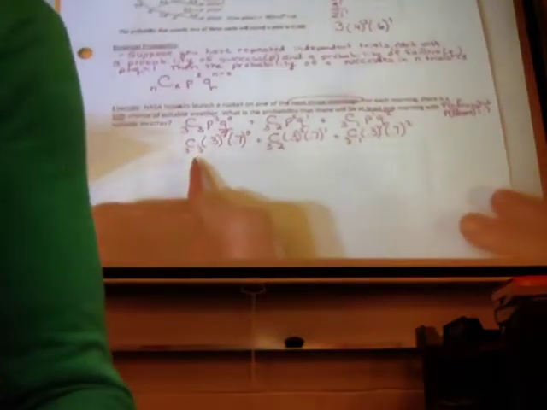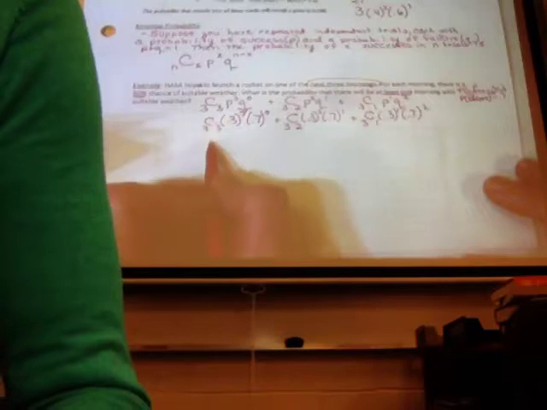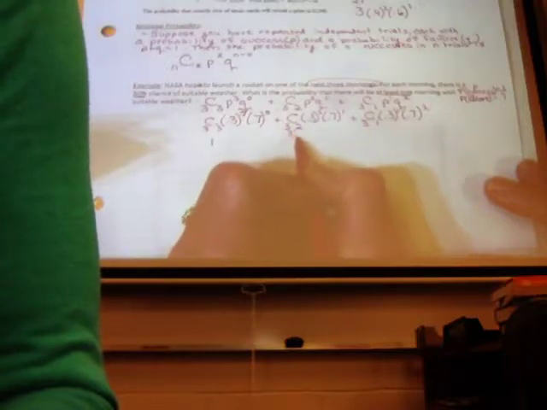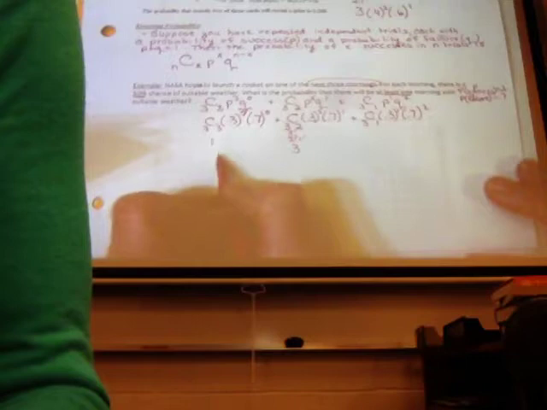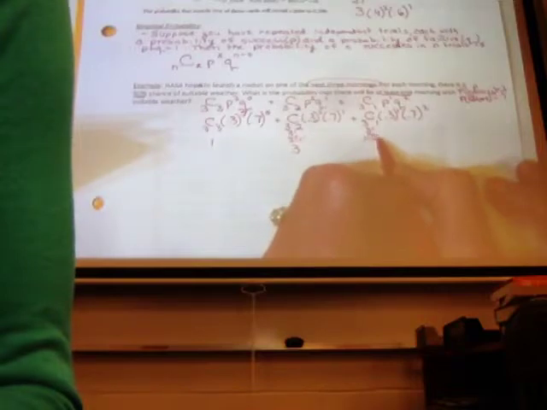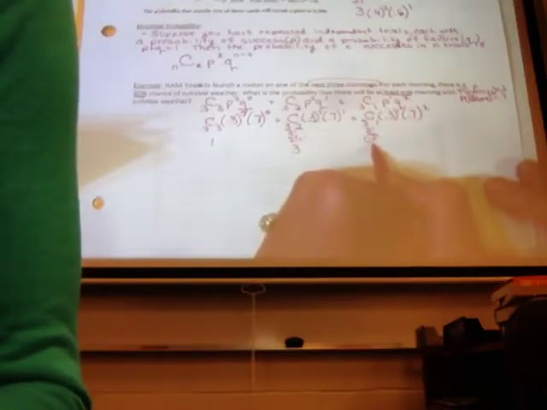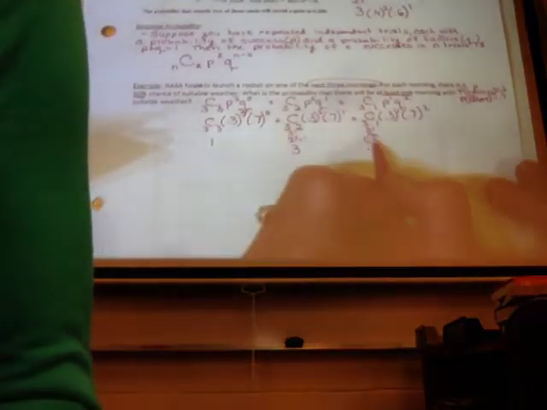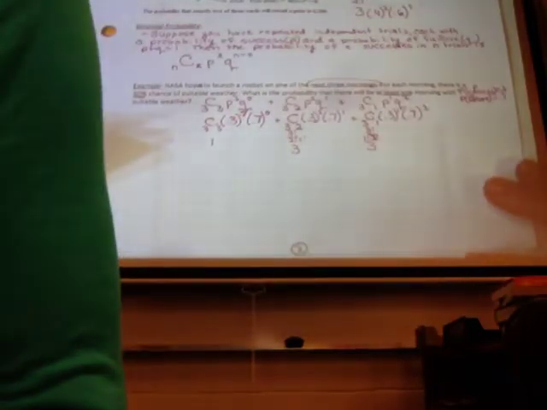This all comes down to what, class? 1. What does this come down to? 3, because it'd be 3 factorial over 2 factorial, 1 factorial. So this is just 3. What does this come down to? 3 factorial, 1 factorial over 2 factorial. That is 3, because the 2 and the 1 cancel.